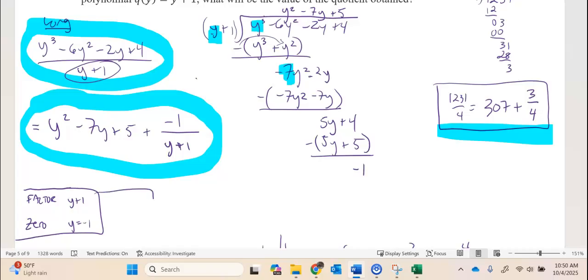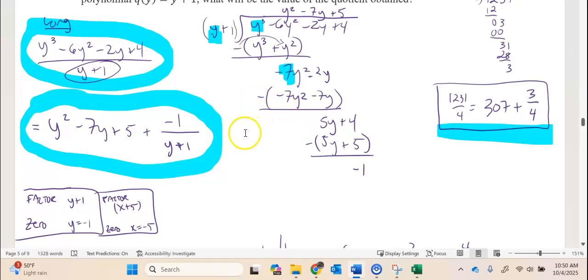Like if I had a different example, a factor of x plus 5, my linear factor, what's the 0 that goes with that? We learned this in the quadratic section. The 0 that goes with that, or the x-intercept if you want, is x equals negative 5, if you were to set that to 0 and solve.